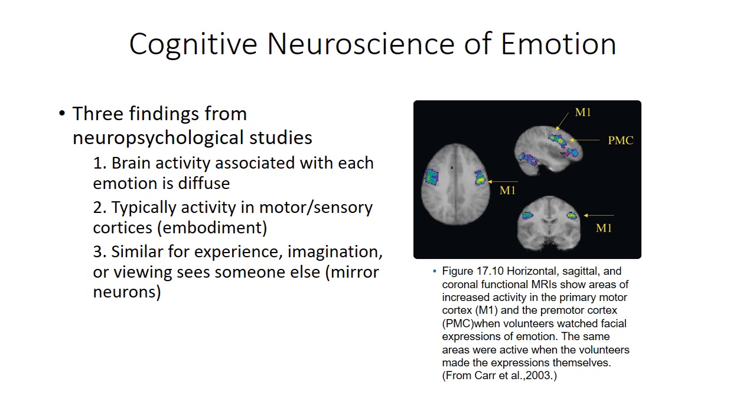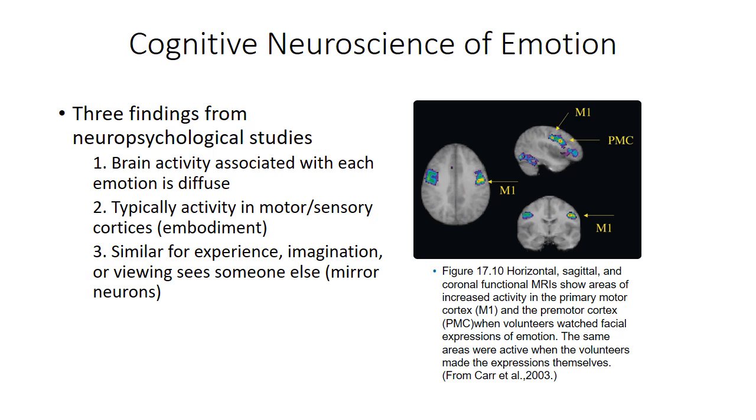And generally what we find is that brain activity with each emotion is diffuse. So whereas fear seems to rely on the amygdala and other areas, an emotion like happiness or pride doesn't seem to have just one part of the brain that does it. There isn't a happiness part of the brain.